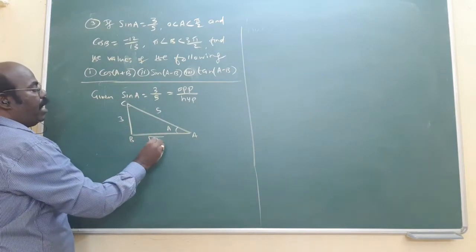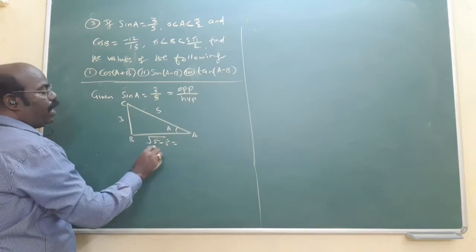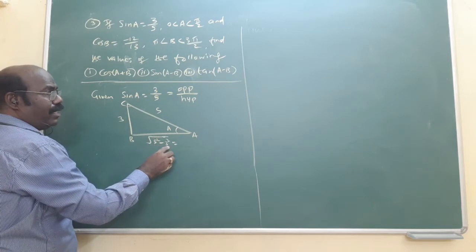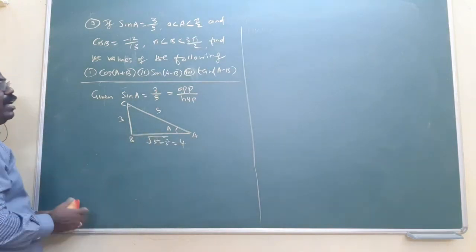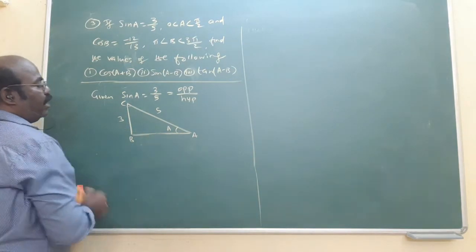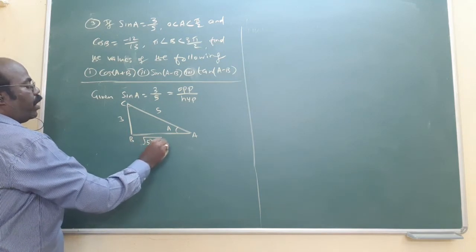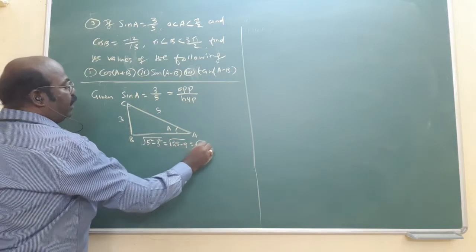Root of hypotenuse square minus opposite square is the formula. That means root of 25 minus 9. 25 minus 9 is 16. Root of 16 is only 4. That is the right answer. Root of hypotenuse square minus opposite square equals root of 25 minus 9, root of 16, equals 4.